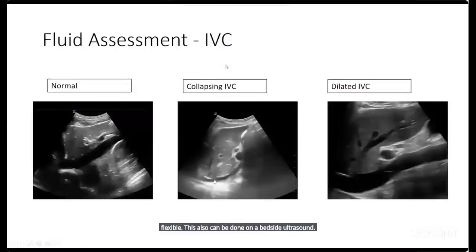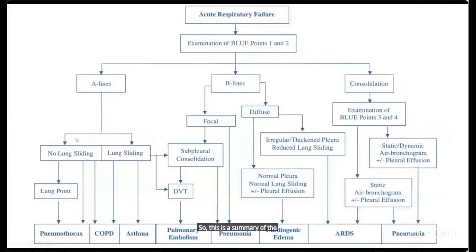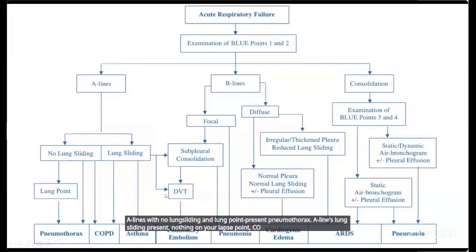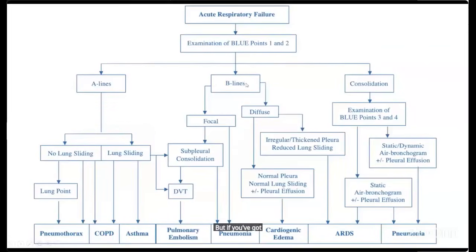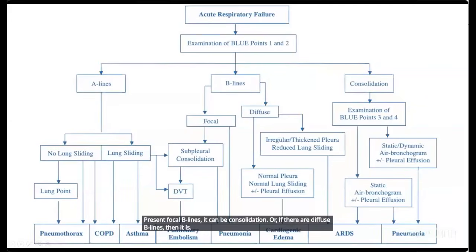So this is a summary of the new protocol as we discussed. A lines with no lung sliding and lung point present: pneumothorax. A lines, lung sliding present, nothing on your PLAPS point: COPD, asthma. But if you've got a DVT, pulmonary embolism. In cases of B lines, if there are focal B lines, it can be consolidation, or if there are diffuse B lines, then there can be cardiogenic pulmonary edema.